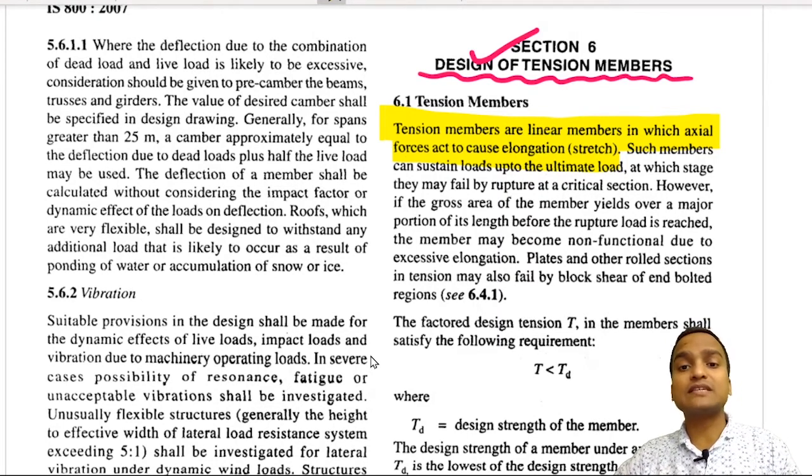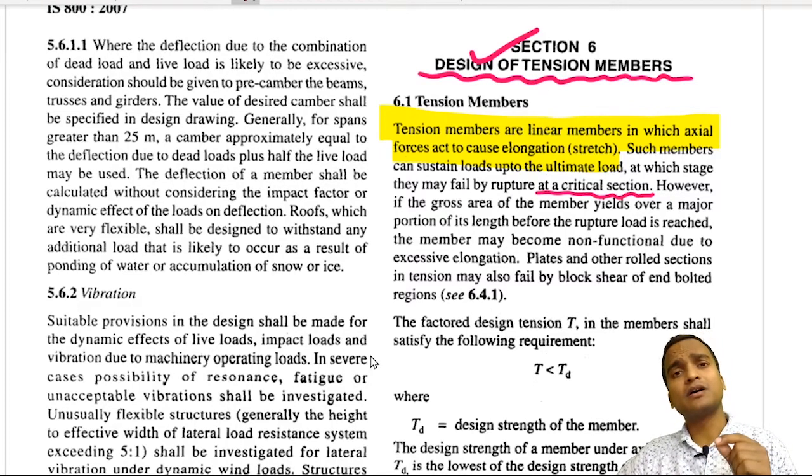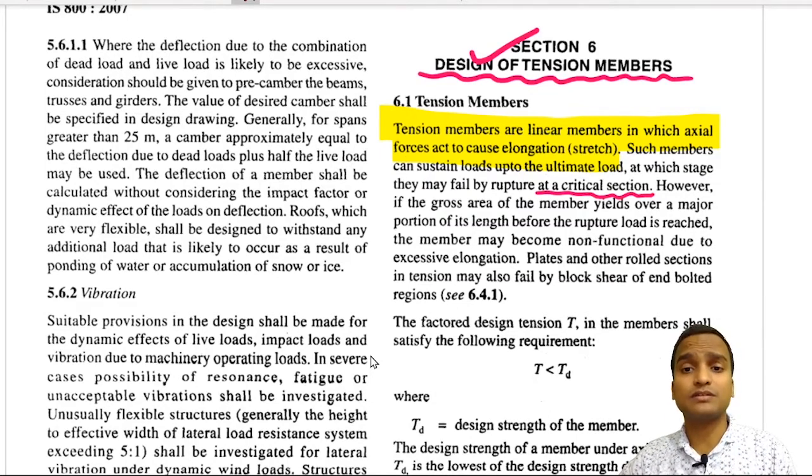Such members can sustain loads up to the ultimate load, at which they may fail by rupture at a critical section. So this critical section, or the net section, becomes very critical, and failure occurs there. That's why the calculation of net sectional area is very important in case of tension members.